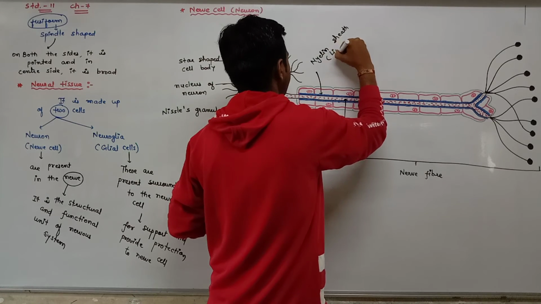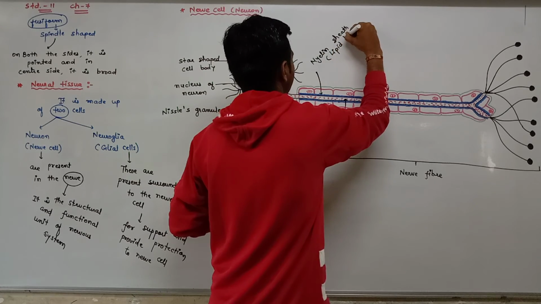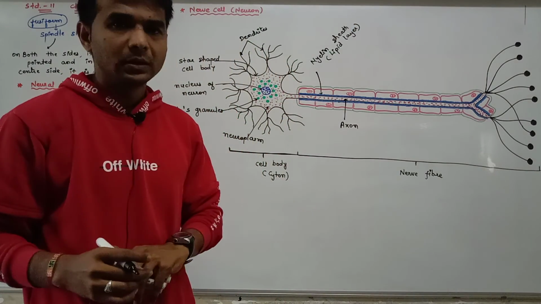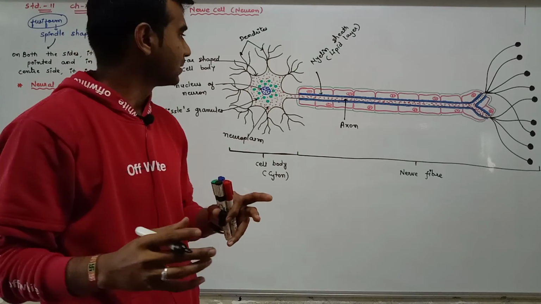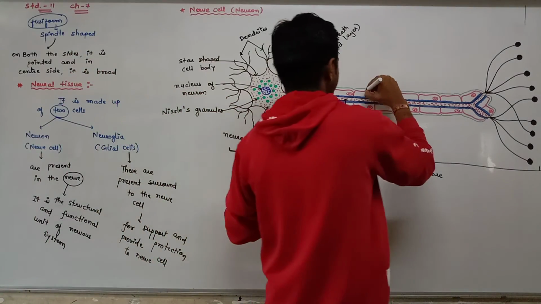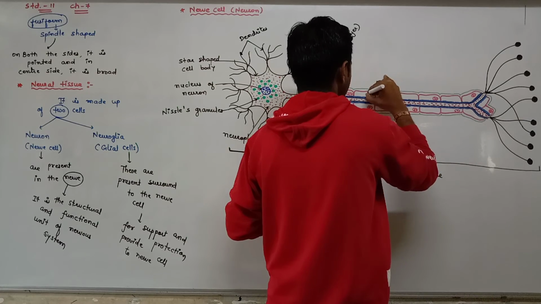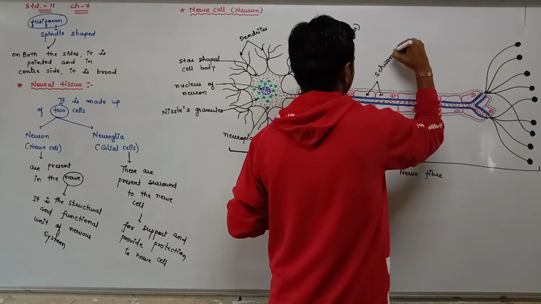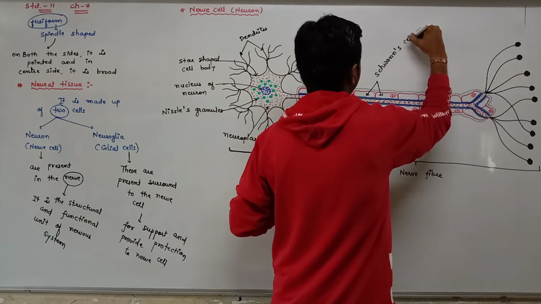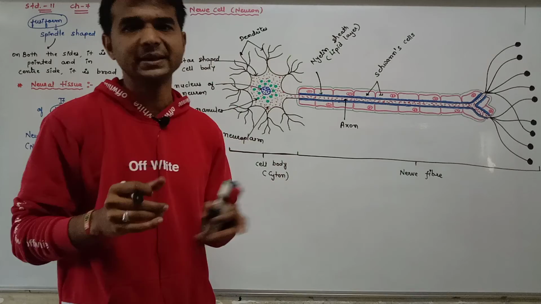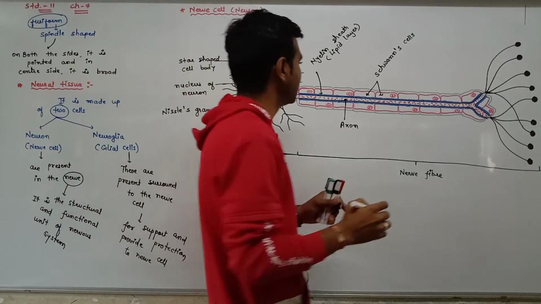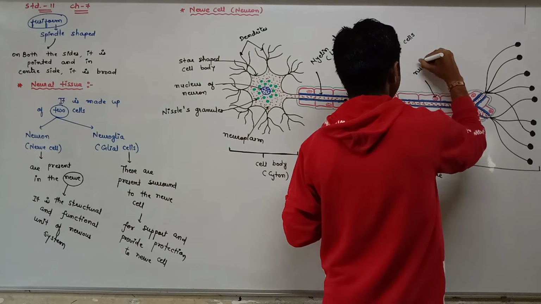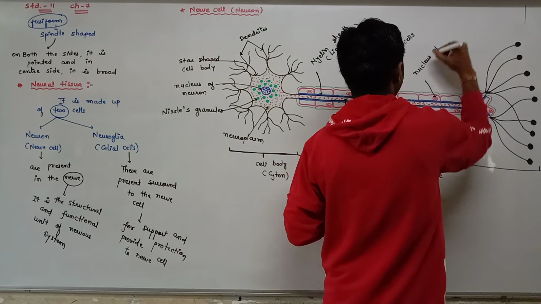It is a lipid layer. Now this myelin sheath is surrounded by cells, and these cells are known as Schwann cells. Schwann cells are supporting cells to the axon fiber, and this red dot is nothing but the nucleus of the Schwann cell.